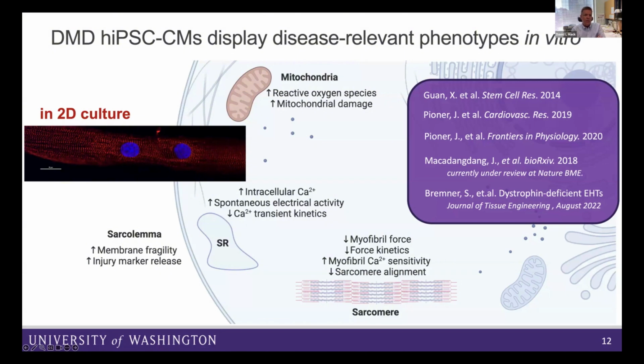We also see increased intracellular calcium, increased spontaneous electrical activity, and a decrease in calcium transient kinetics like calcium reuptake. We also see defects in the mitochondria, reactive oxygen species, and mitochondrial damage. And in the lower right, that all culminates in a decrease in myofibril force, force kinetics, and calcium sensitivity, and we see some impact on cardiomyocyte and sarcomere alignment.